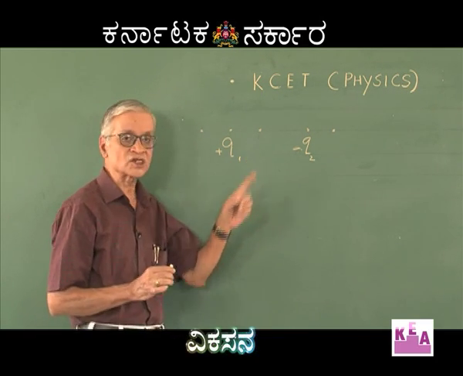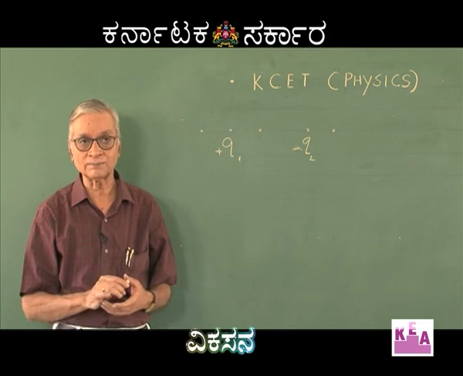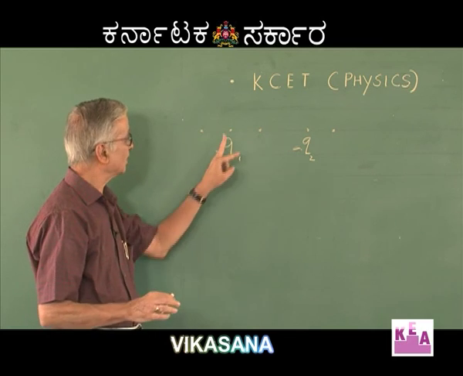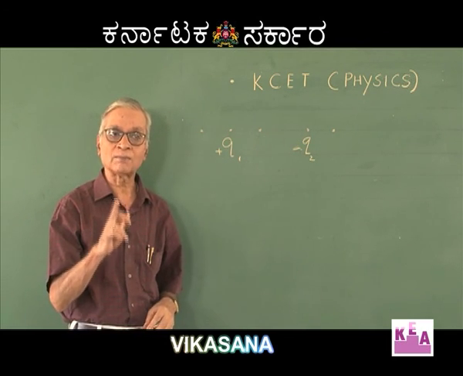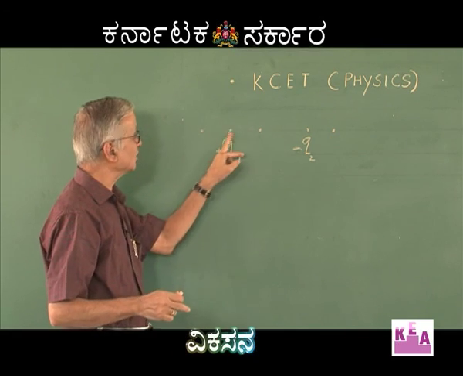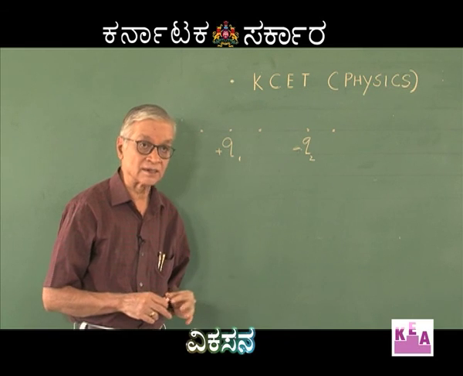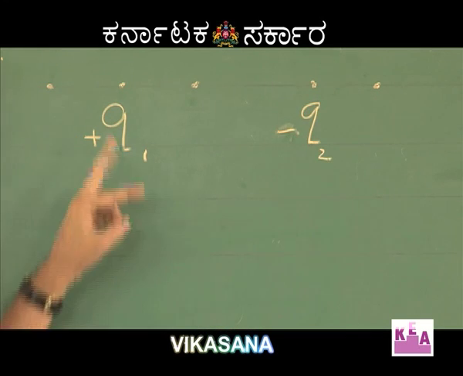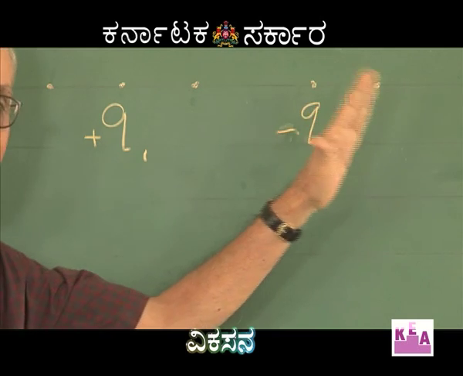By this discussion, we come to one shortcut information that when the two charges are of the same nature, the null point must lie along the line joining the two charges and between the two charges. But when the charges are of opposite nature, the null point must be either to the left of Q1 or to the right of Q2.